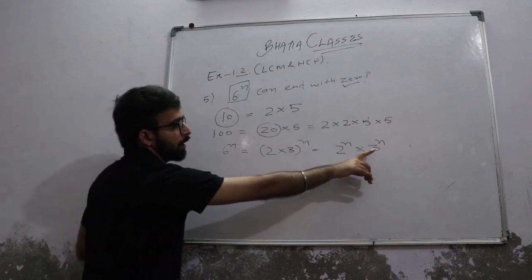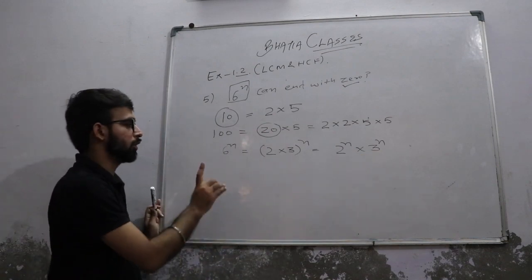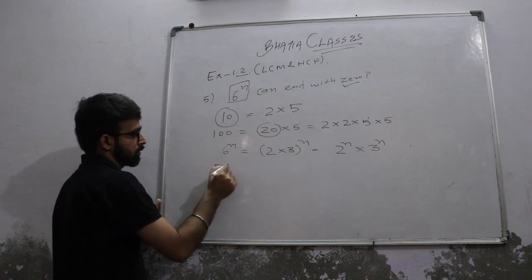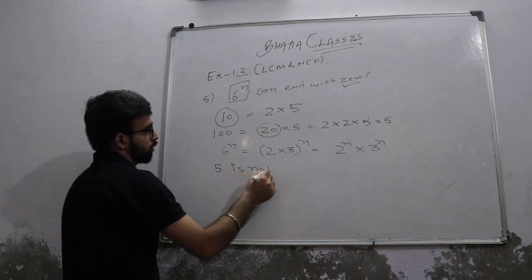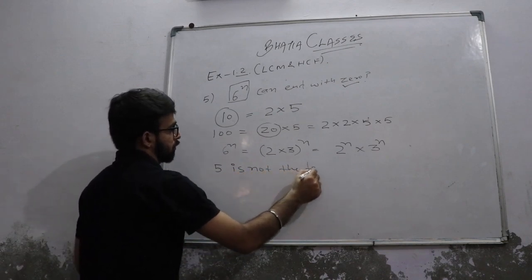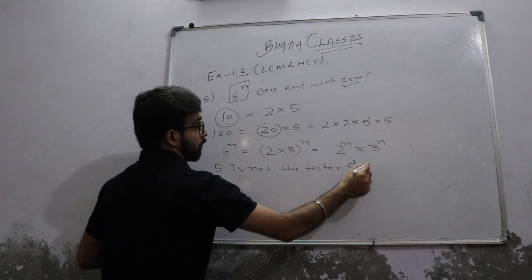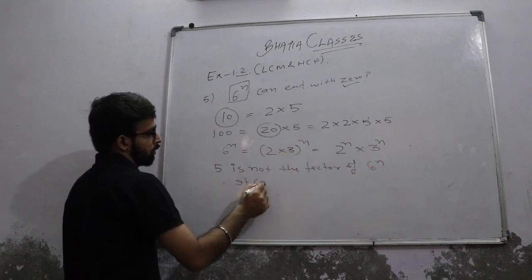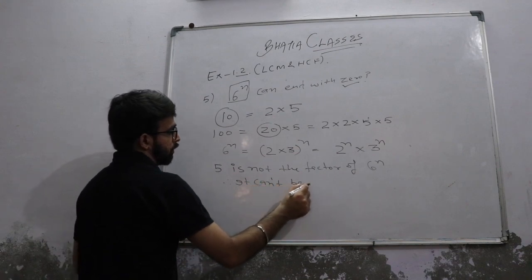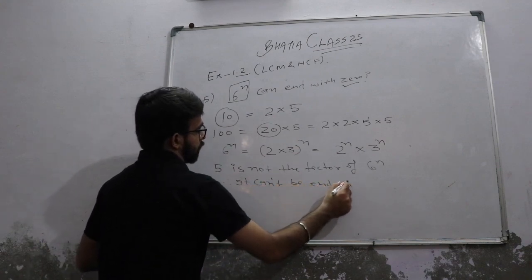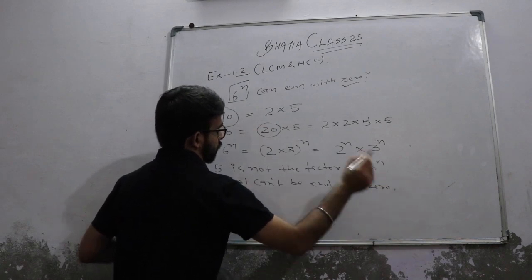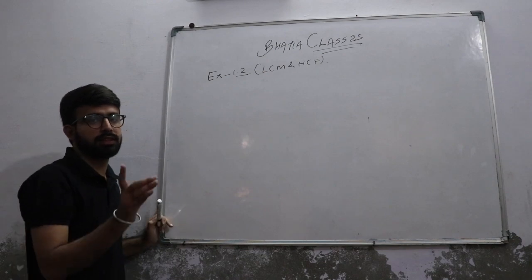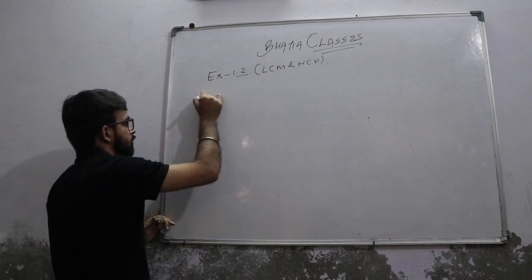But this is not containing 5 as its factor, therefore this number can't end with 0.